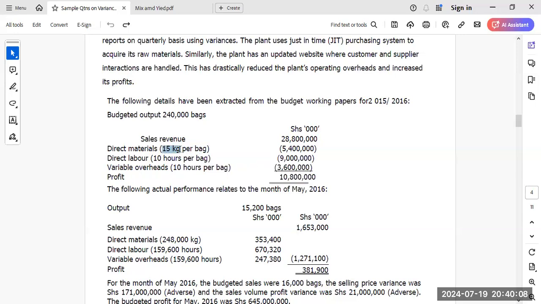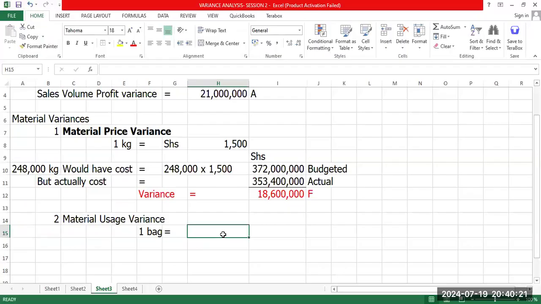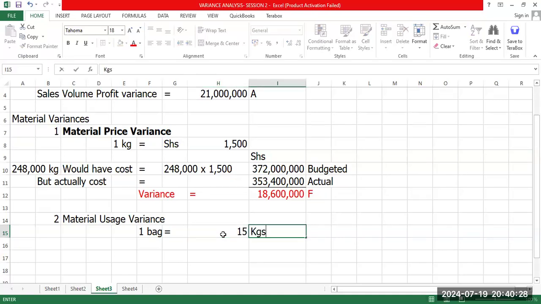They are telling you 15 kg per bag. So it means that this company is planning to use 15 kgs to produce one bag.